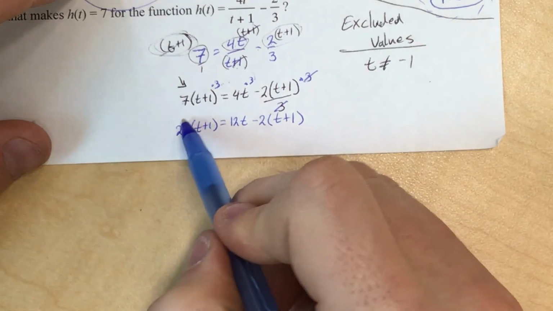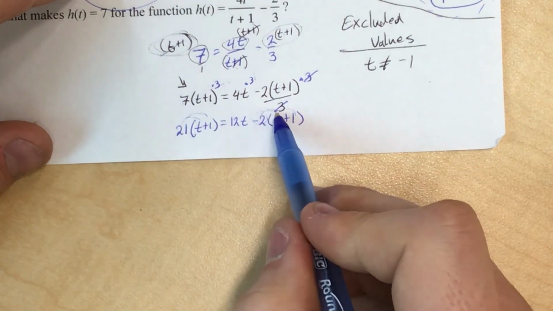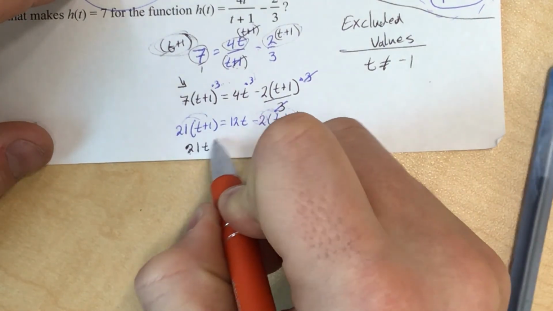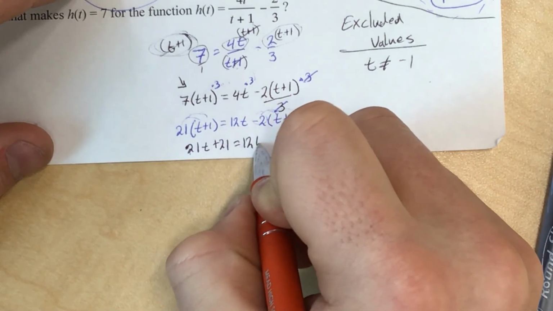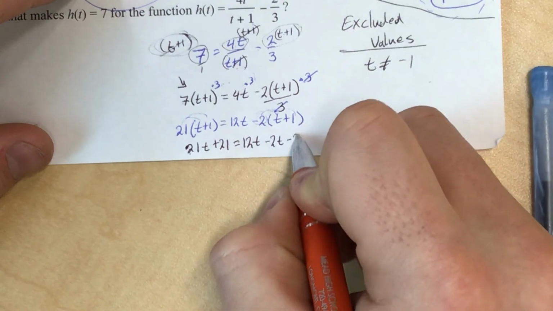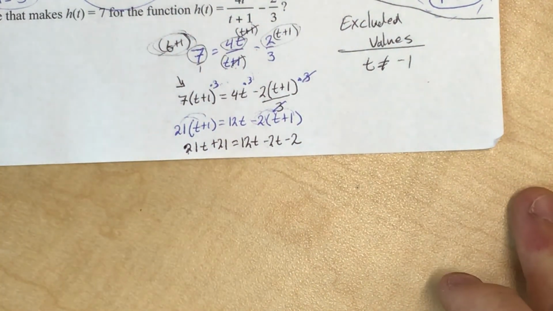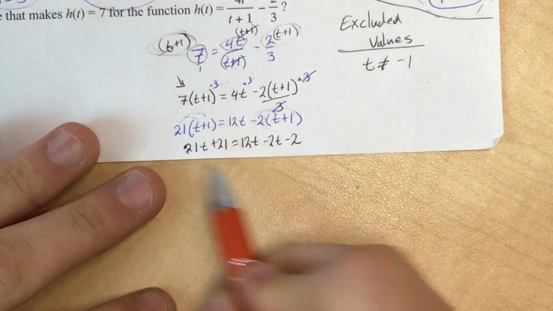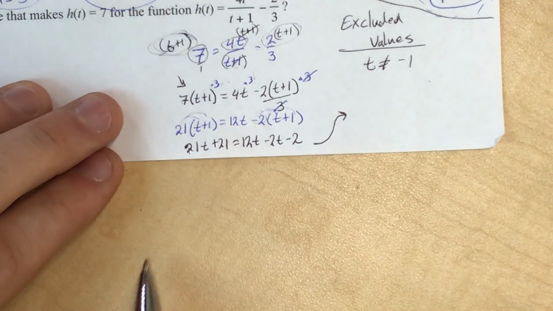Now when I distribute all this, I'm going to take the 21 and distribute this, the negative 2, I should say, the negative 2, and distribute all of that. And you get 21t plus 21 is equal to 12t minus 2t minus 2. Now I'm running out of room on my paper, so I'm just going to go over here real quick.